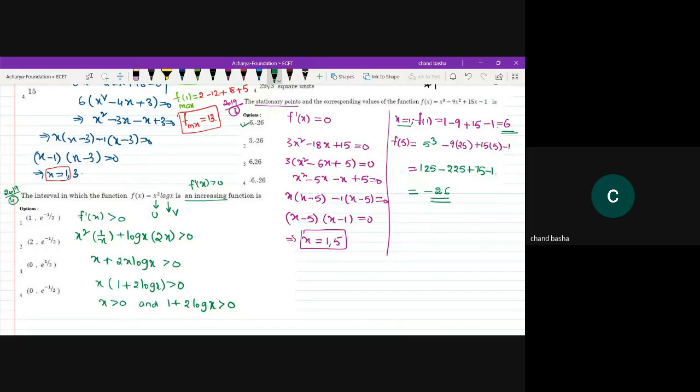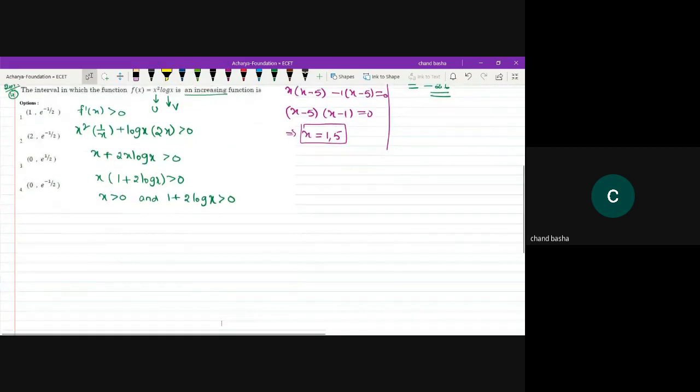First, I need to check with this condition whether I got the correct answer or not. If I'm not getting this, I'll go for x negative and 1 plus 2 log x also negative. So first condition, no problem. x value greater than 0 means either option 3 or option 4 will give the correct answer.